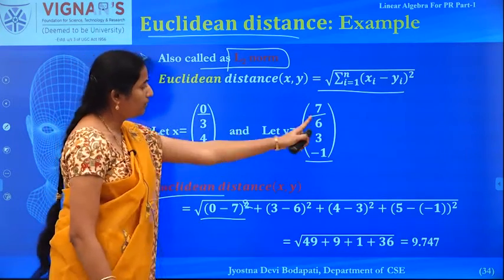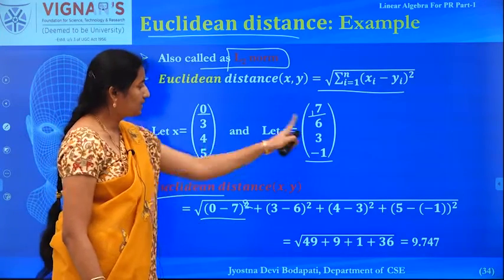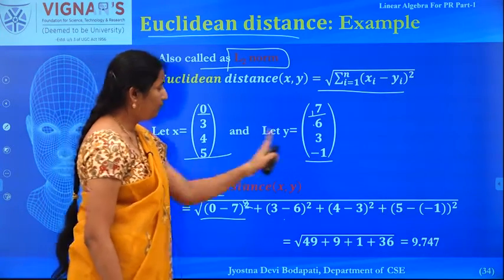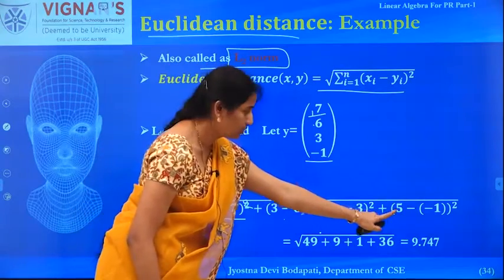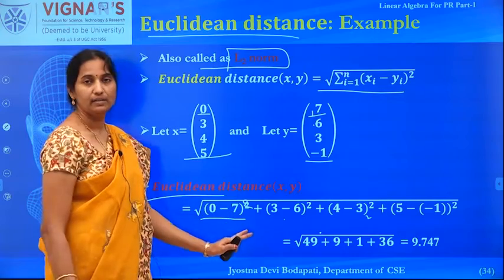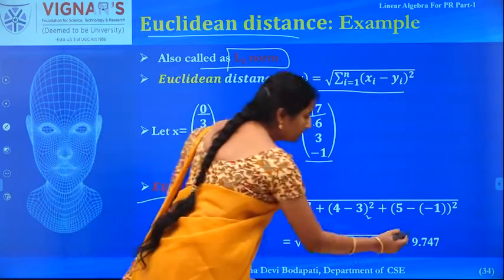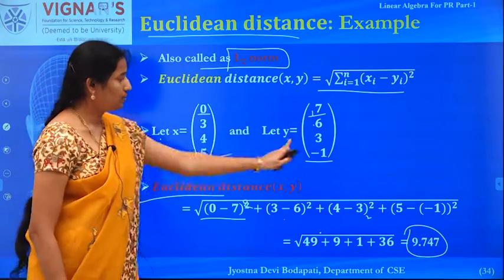So 0 minus 7 whole square plus 3 minus 6 whole square, 4 minus 3 whole square, then 5 minus minus 1 whole square, and then just sum them up and take the square root of that result. So that gives me the Euclidean distance between the two vectors x and y.